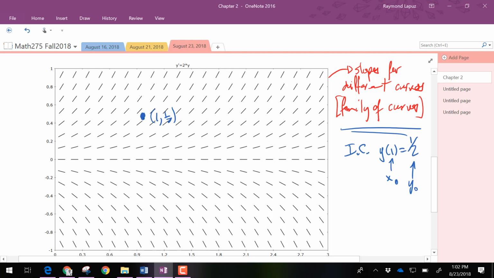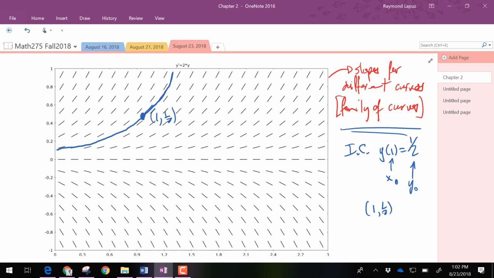So from this point, you would follow the curves to see if you can draw out your solution. Your curve has to pass through this point. And as it passes through that point, you're identifying your one unique solution of a function.